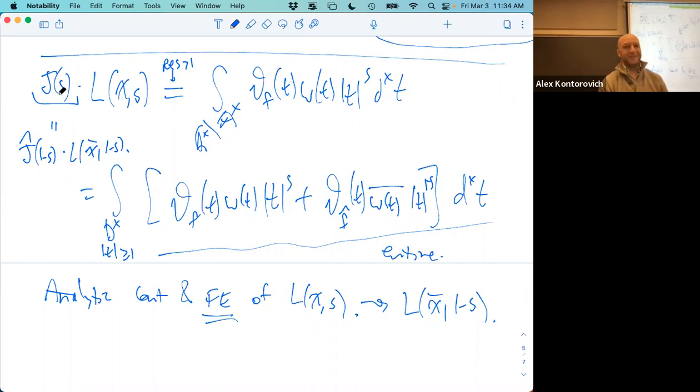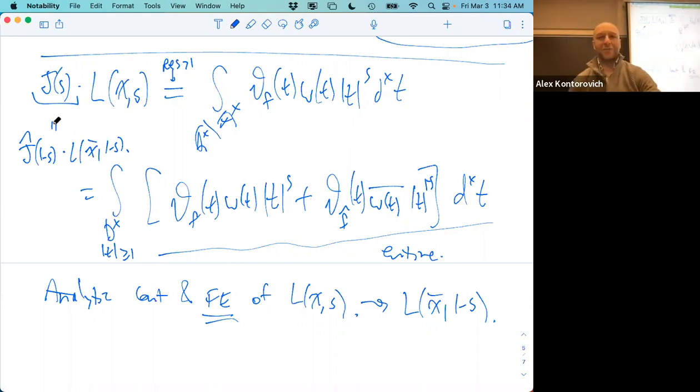Right, but it won't affect this other stuff, so you can actually use this J as well. That's right, and there are lots of examples where you want to take other kinds of test functions. Maybe we'll get to that at some point.